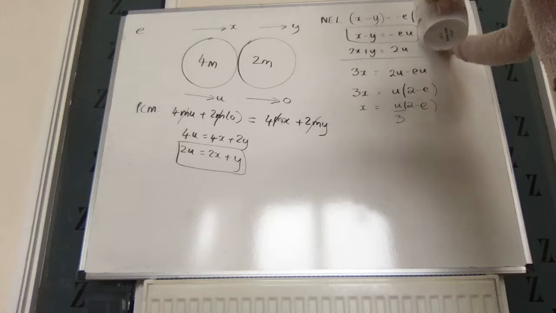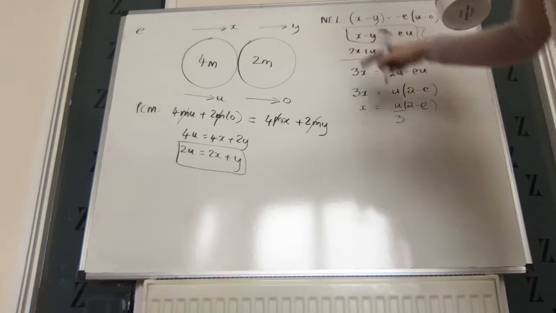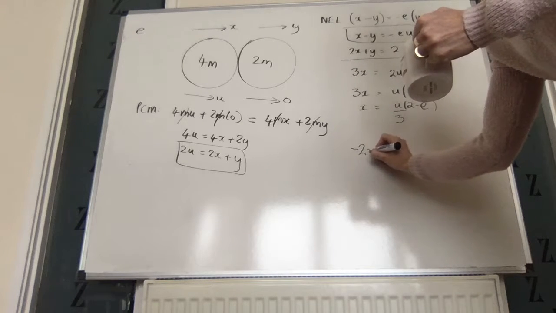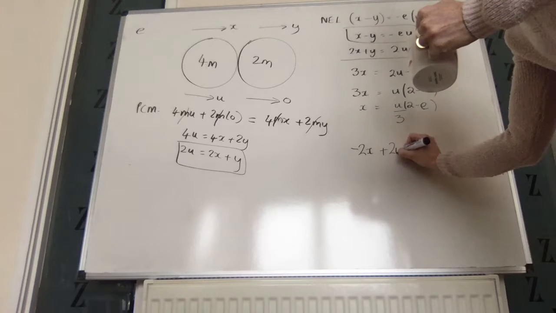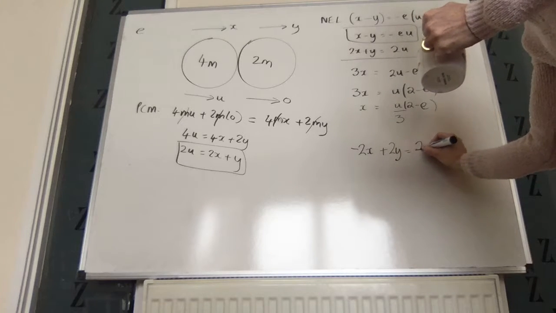If we multiply the top one by minus 2, we get minus 2x plus 2y equals plus 2eu.